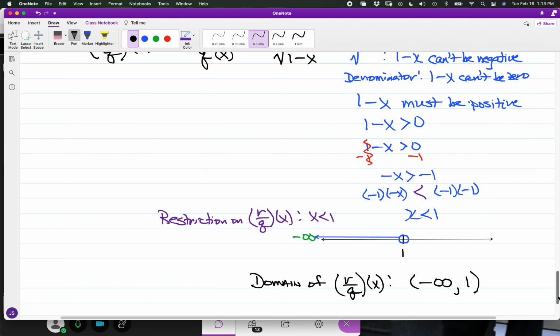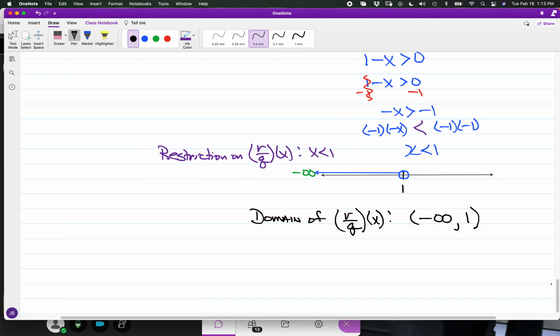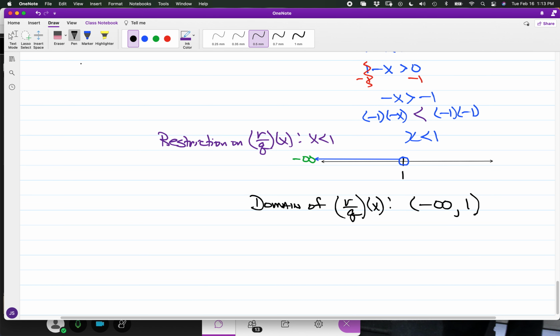Now, the next category of operations will be what is referred to as the composition of functions.